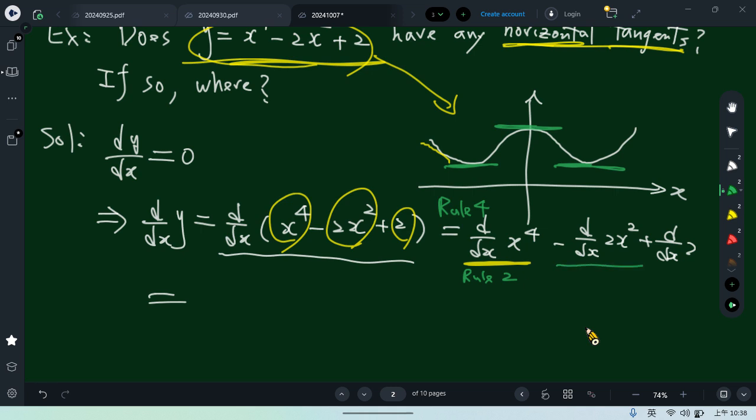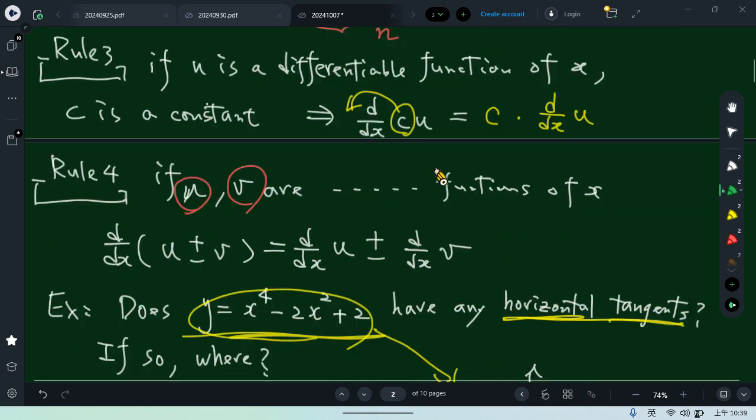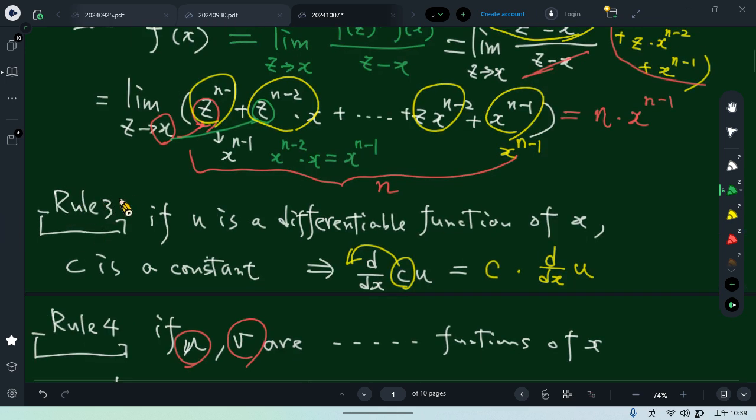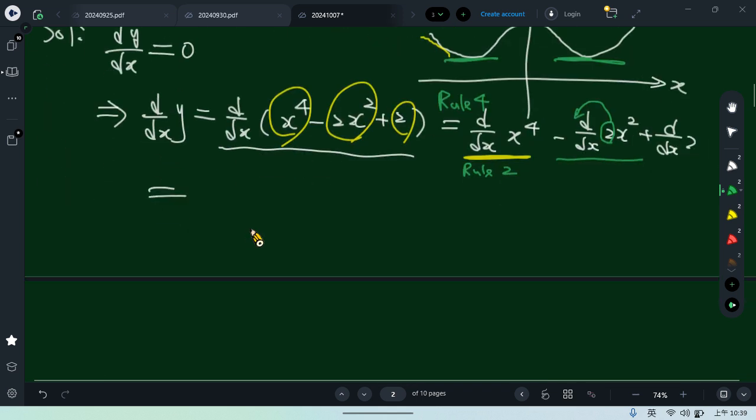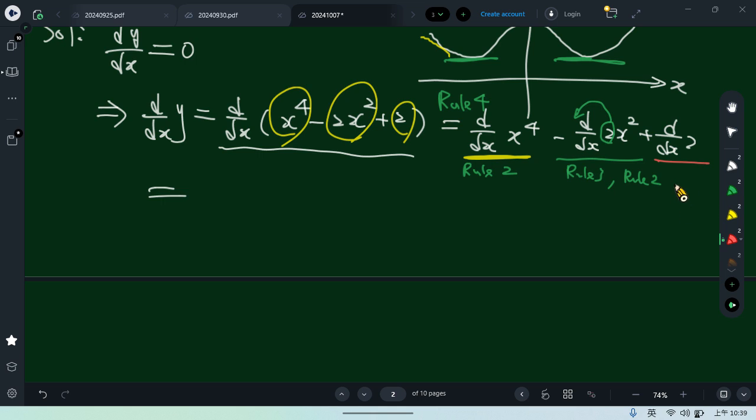And for this part, you can simply move 2 to the front, so you will apply rule number 3 and also rule number 2, because eventually you need to differentiate x to the power 2. And then the last term here, we are trying to differentiate 2. So what rule will we apply?